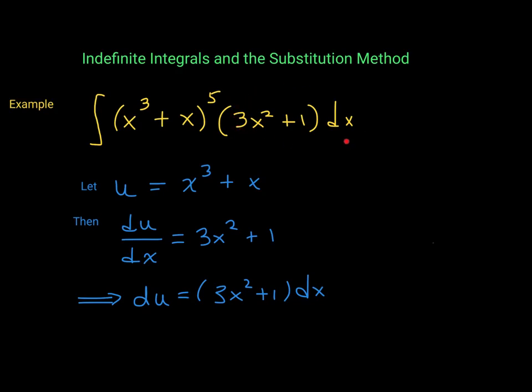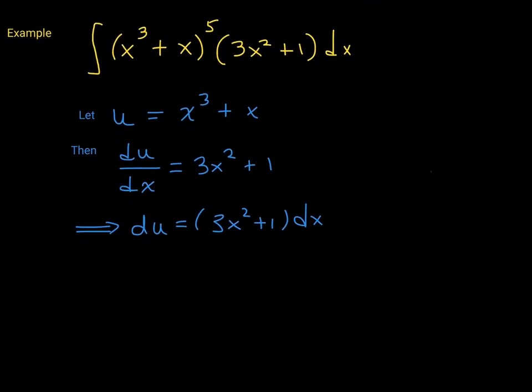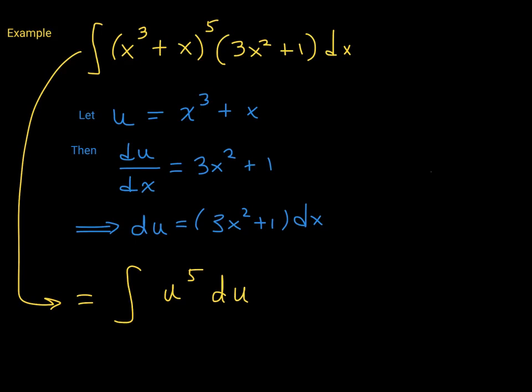That's super convenient. So now what we can say is our original integral is equal to the integral of u to the fifth power du. And I can integrate so much easier, right? This is simply u to the sixth over 6 plus c. All I have to do now is back substitute.